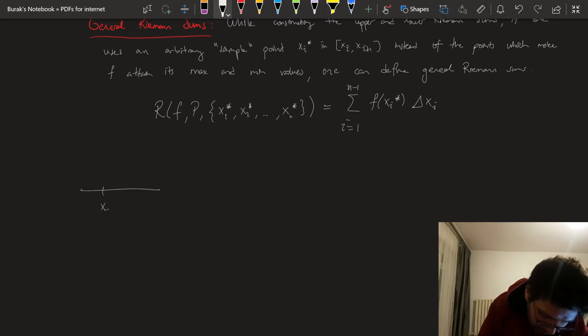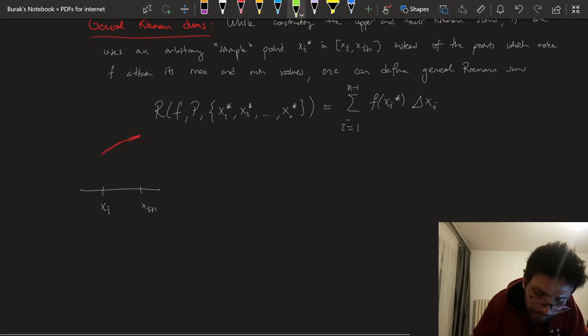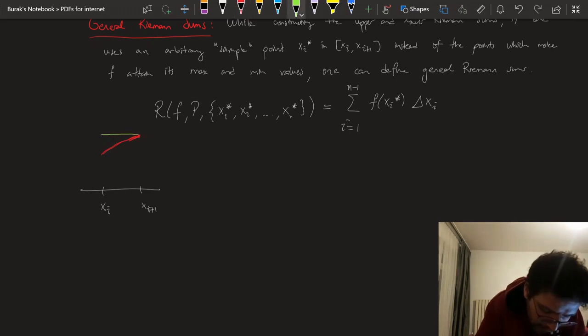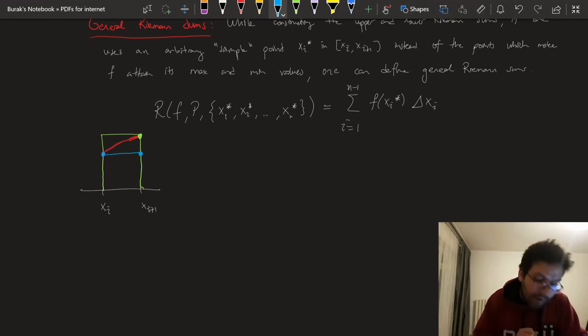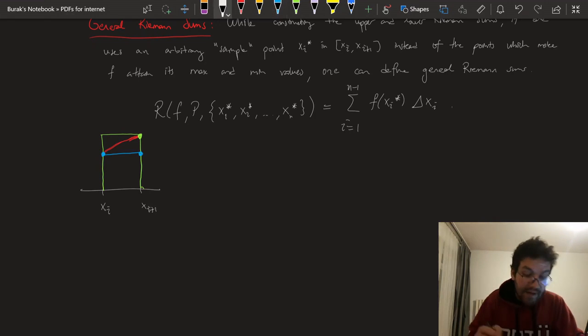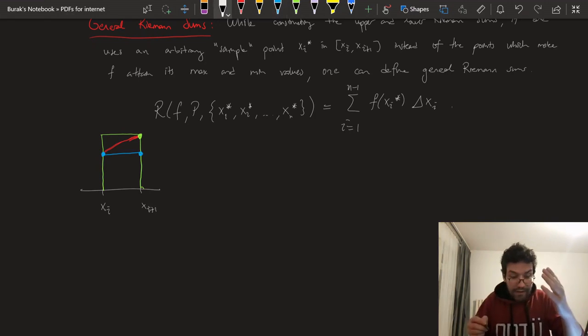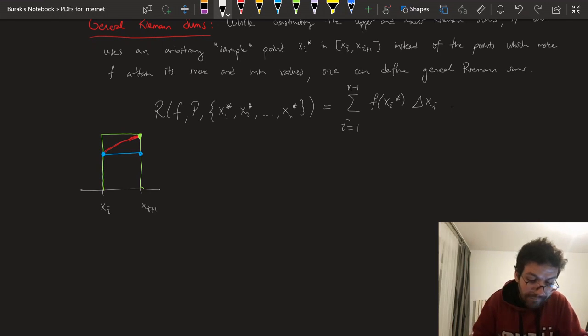Okay, so what this is going to do is this. Let's say that this is your interval xi to xi plus 1, and let's pretend that this is your function. Now, for upper Riemann sum, you use the point which gives you the largest possible value. For lower Riemann sum, you're going to use the point which gives the least possible value, the minimum value.